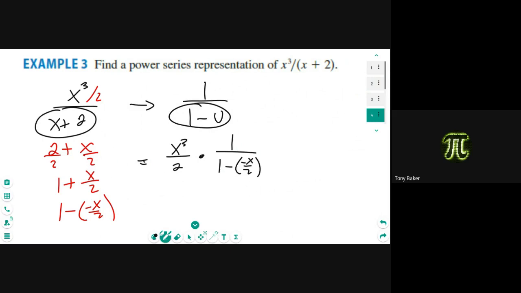How can we rewrite this to make it look like that? I know this equals that, correct? So in this case, u is negative x over 2. So I can change this to negative x over 2 to the nth power. So I change that to that.